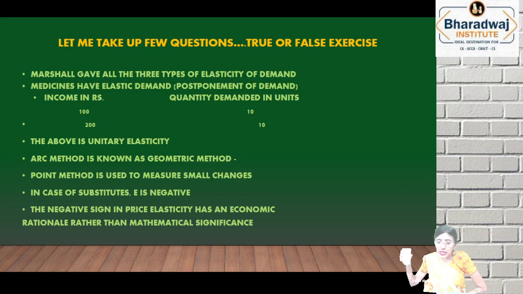Medicines have elastic demand. Income in rupees and quantity demanded in units. The above is unitary elasticity. Remember, arc method is known as geometric method. Point method is used to measure small changes. In case of substitutes, elasticity is negative. The negative sign in price elasticity has an economic rationale rather than mathematical rationale or significance. Try these questions, please.